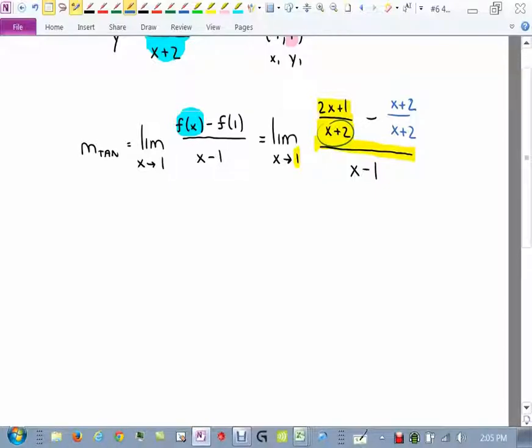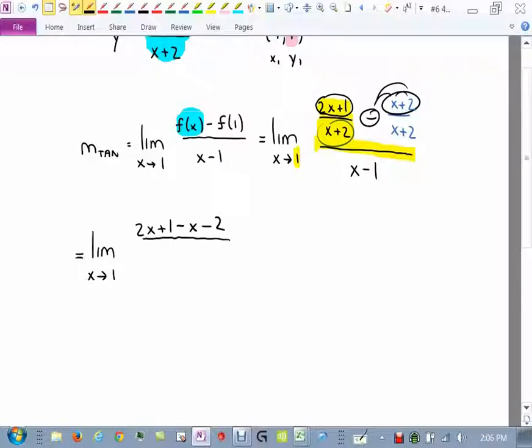So what I have now, limit as x approaches 1, is I'm going to have this top. I'm going to subtract this, so be careful that negative sign will carry through. So I'll have 2x plus 1, I subtract x, I subtract 2, all of that over the common denominator, which was x plus 2, all of that over the original denominator there, x minus 1.